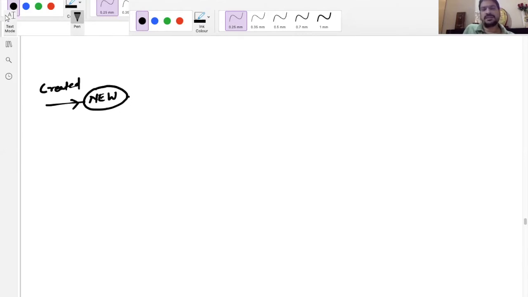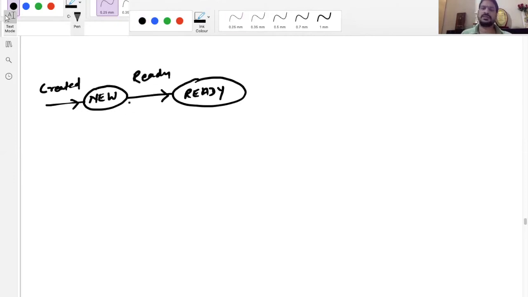After the new state, it will go to the ready state. Once the process is ready for execution, at that particular time, the process can go into the ready state. Now, if a process is there in the ready state, then it can go to the running state.